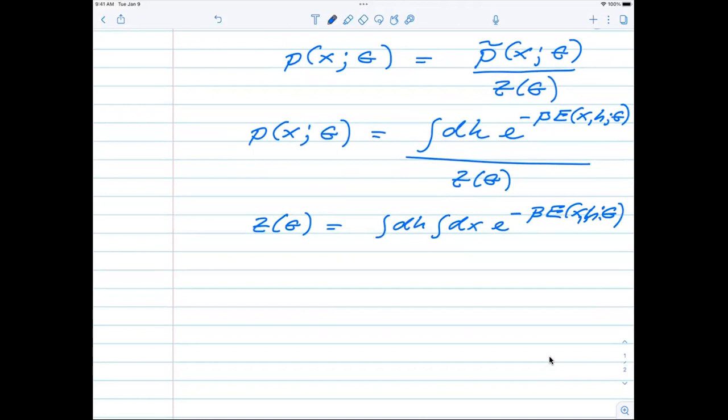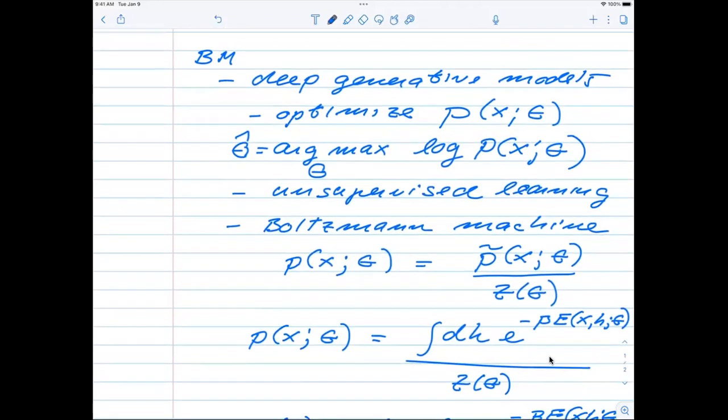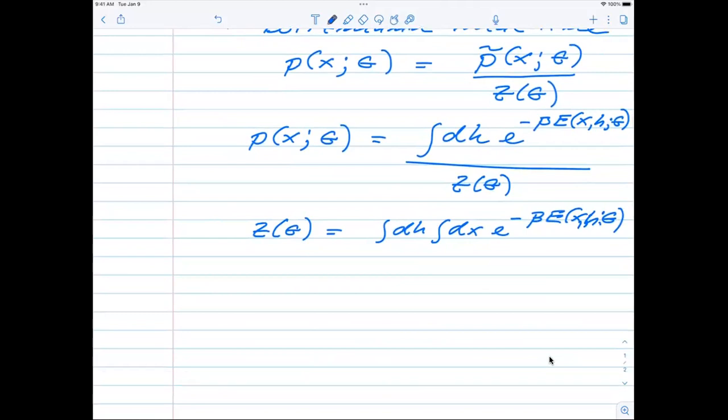So in the optimization process of this specific standard setup of a deep generative model, what we normally end up doing is to implement some kind of Markov chain Monte Carlo approach.